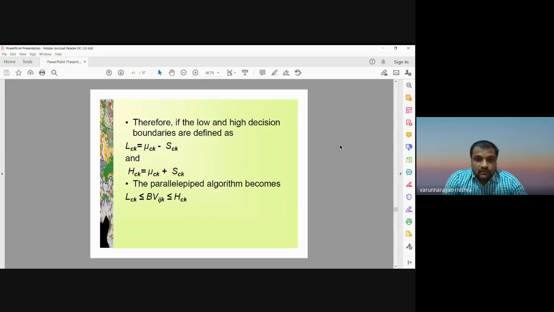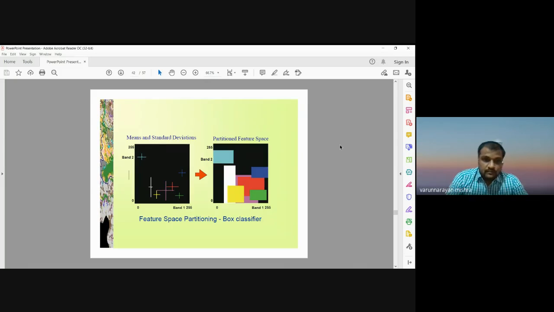This is the formula for calculating the low and high decision boundary. It is defined as L_ck = mu_ck minus S_ck. So the parallelepiped algorithm becomes: L_ck is less than BV_ijk, which is less than H_ck. Using the mean and standard deviation to partition the feature space, for identifying different classes in feature space, is known as a box classifier.